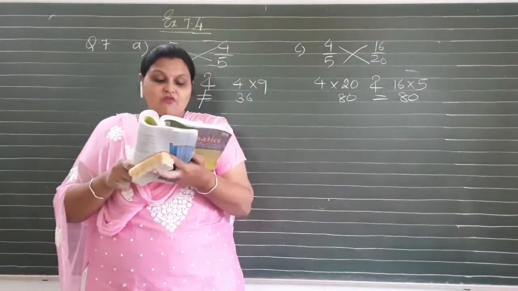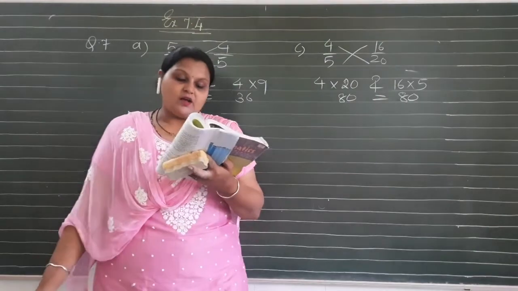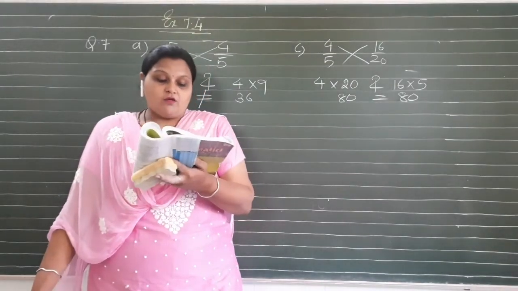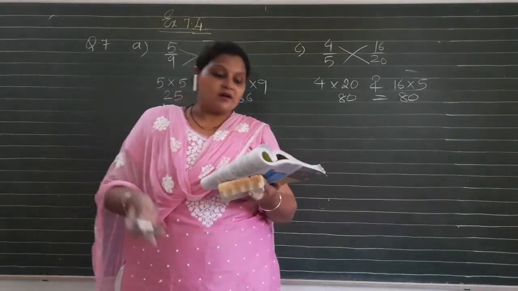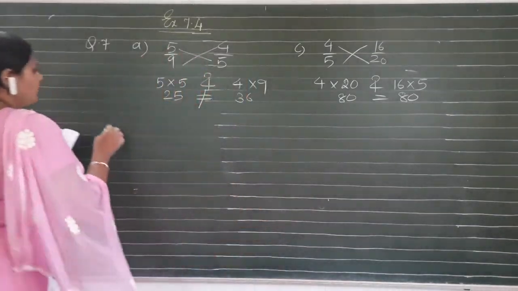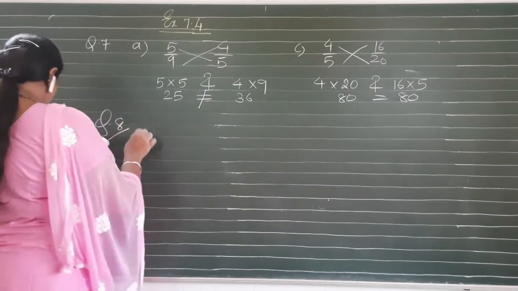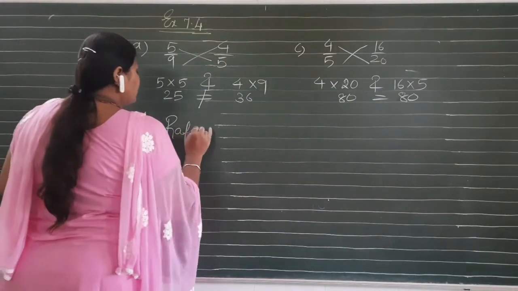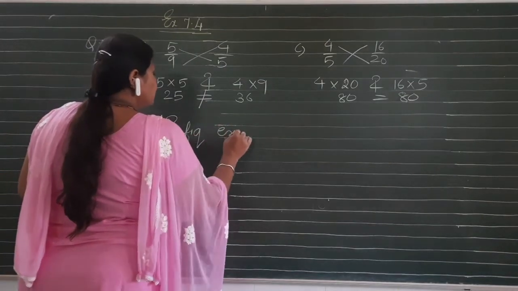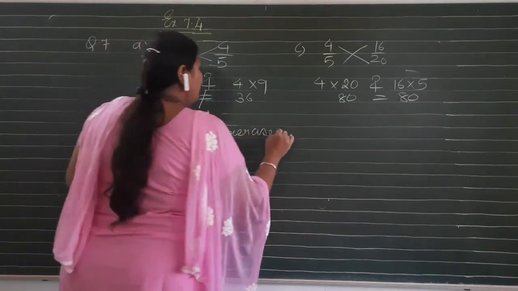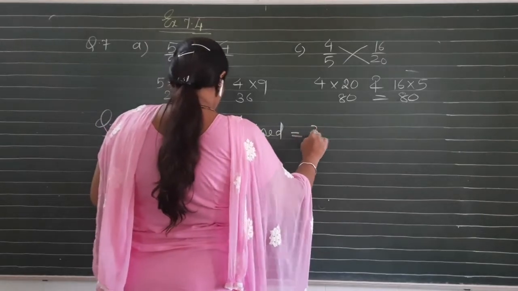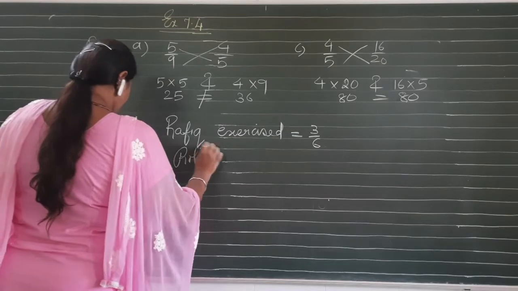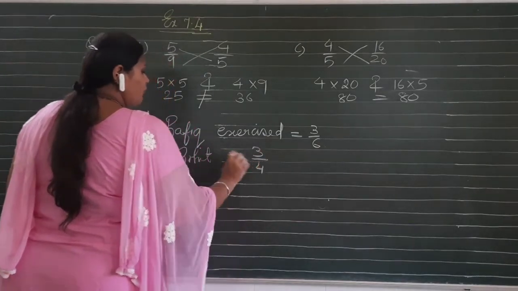Rafiq exercised for 3 upon 6 of an hour. Rohit exercised for 3 upon 4 of an hour.